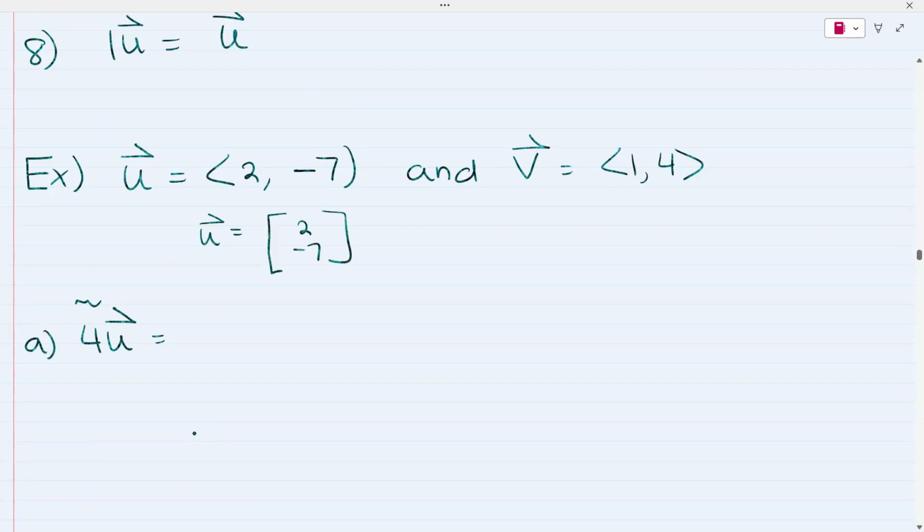And then all you got to do is multiply through by the scalar 4. So 4 times 2 is 8, and then 4 times negative 7 is negative 28. Okay, so that is 4 times vector u.